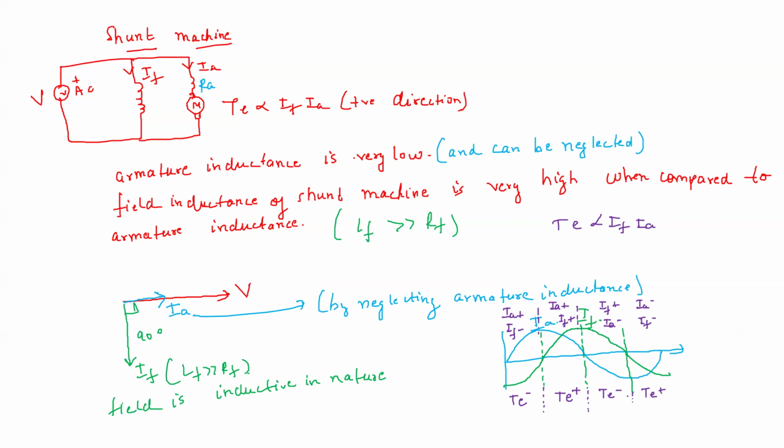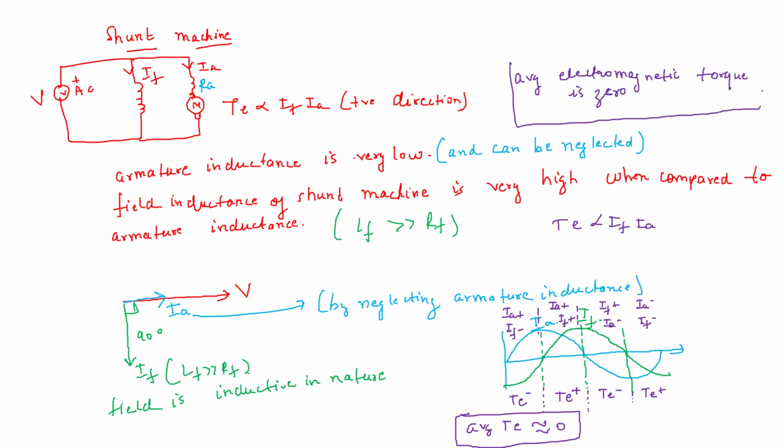Since this torque is kind of sinusoid, the average electromagnetic torque becomes almost zero. So for a shunt machine, the average electromagnetic torque is zero.